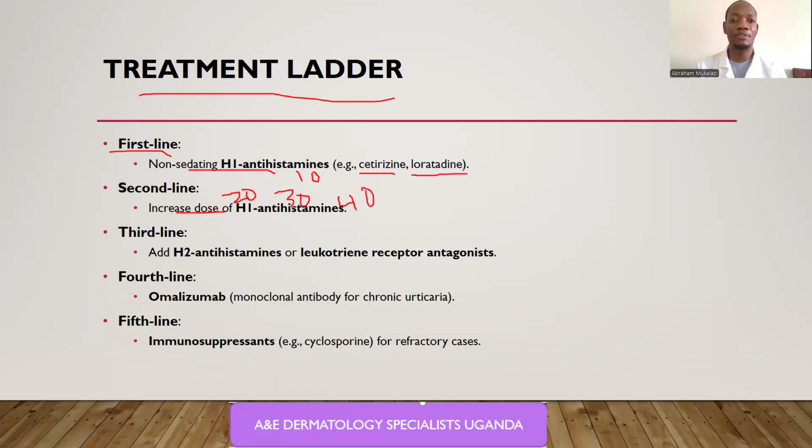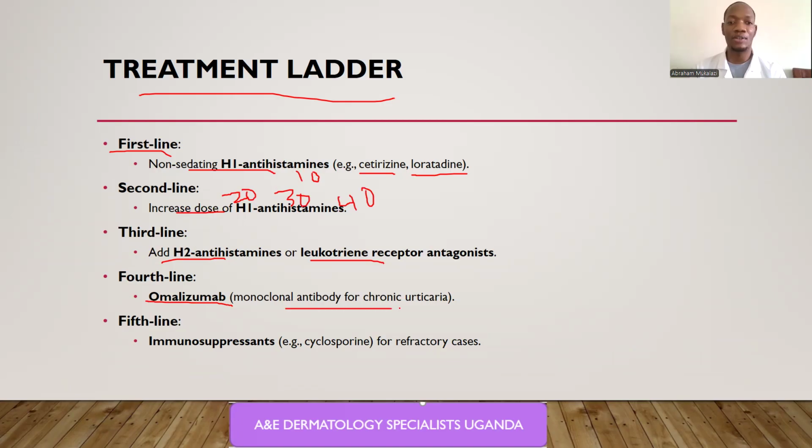If someone has no improvement at the maximum dose of cetirizine, then you introduce a second H2 antihistamine, maybe together with a leukotriene receptor antagonist, or even mast cell stabilizers like montelukast. If there is no improvement there, then you can go to the biologicals, including omalizumab, which is a monoclonal antibody drug.